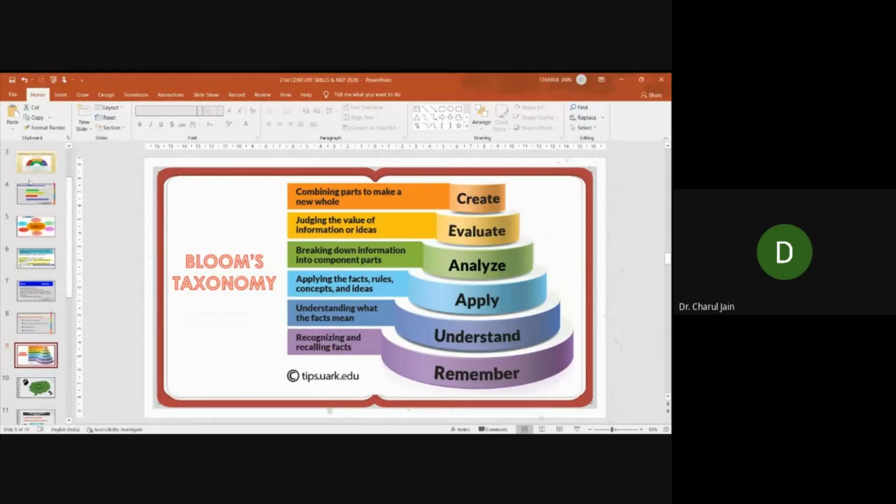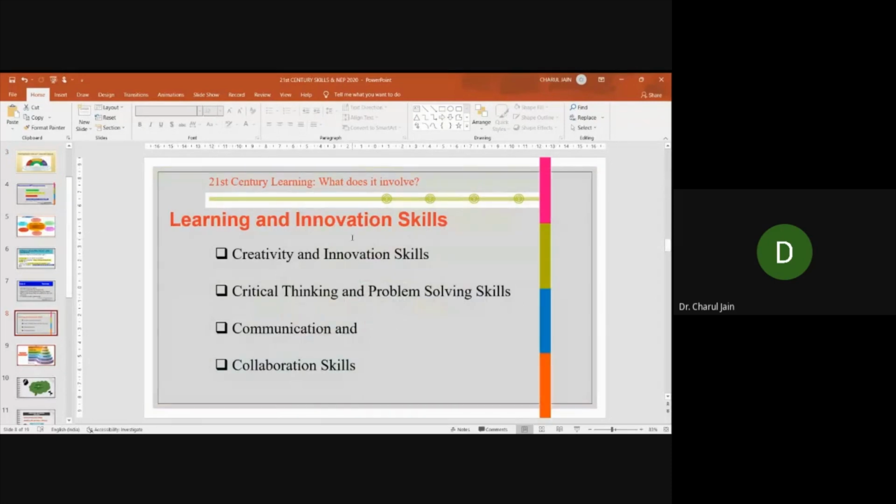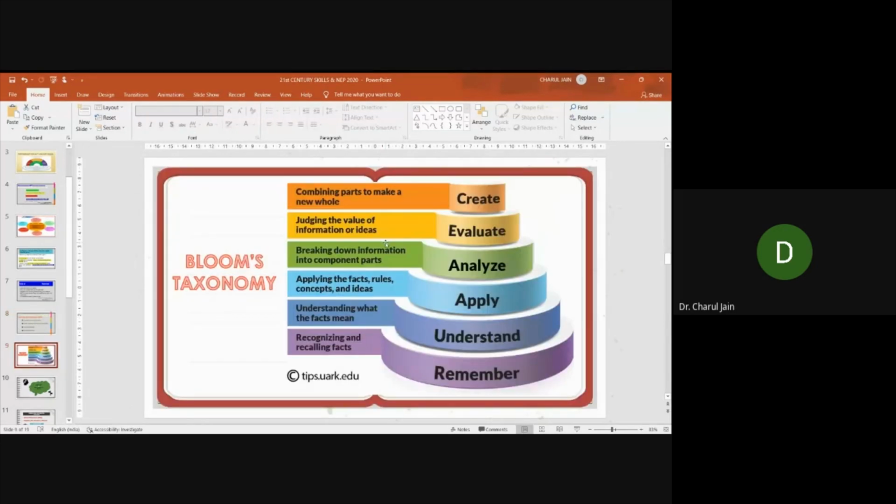So I would quickly go back. If you look at the 21st century skills, it talks about learning and information. It talks about information, media, and technology skills. When it is talking about learning and innovation skills, it is talking about creativity, critical thinking, problem solving, collaboration, and all these are aspects which have been highlighted in Bloom's taxonomy.